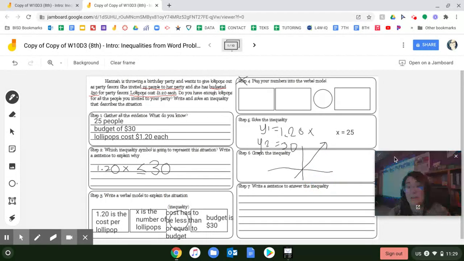I could buy 1,000,000 lollipops and figure out the cost. All of those data points would be on this line. The 30, did you notice in your calculator how it was just a straight line across? That is like your budget. That is your limit right there. Once you hit that limit, that is where 25 lollipops is.